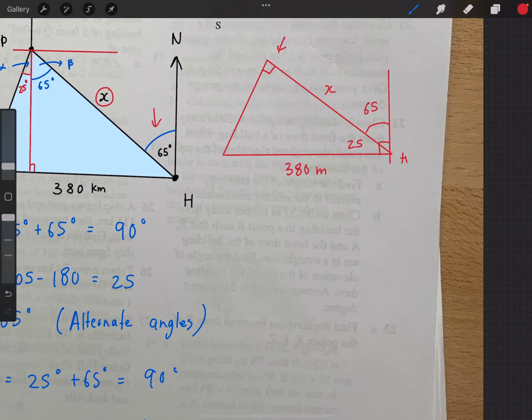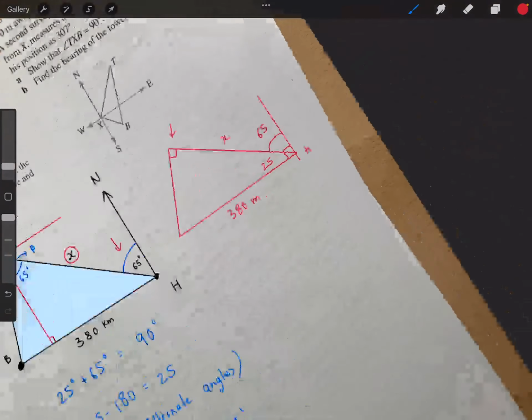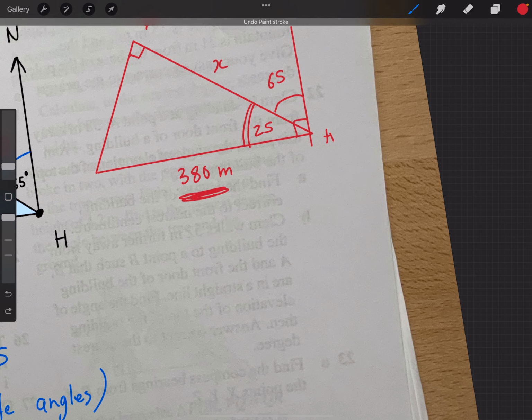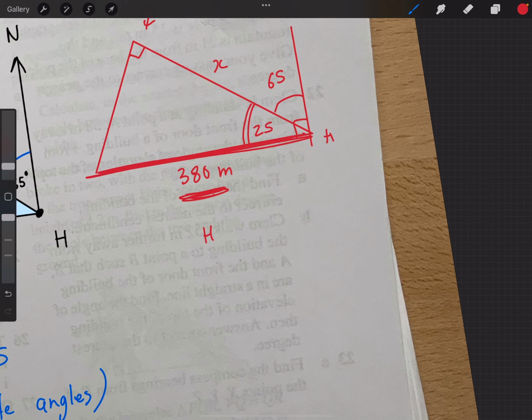Now this is a right angle triangle, so we're going to compare everything here. From this angle, 380 is the adjacent, and x, no, sorry, that's not the adjacent. That's the hypotenuse, the longer side of the right angle triangle. And x is the adjacent.